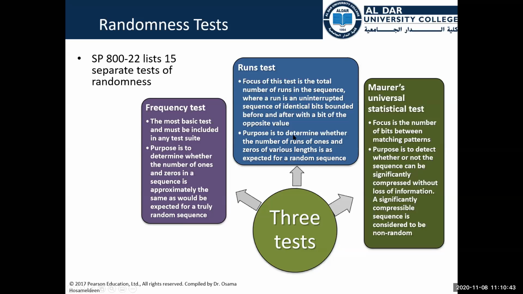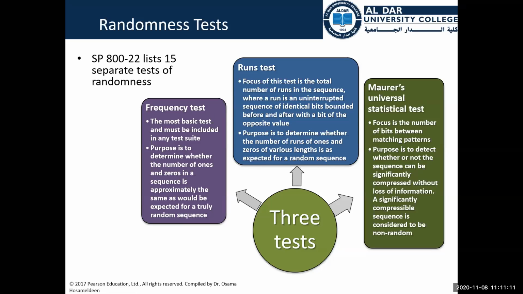The purpose is to determine whether the number of runs of ones and zeros of various lengths is as expected for a random sequence. It means that if you know it is going to repeat itself for each run, we have the probability of a frequency test. We have a probability of having zeros and ones for each run.